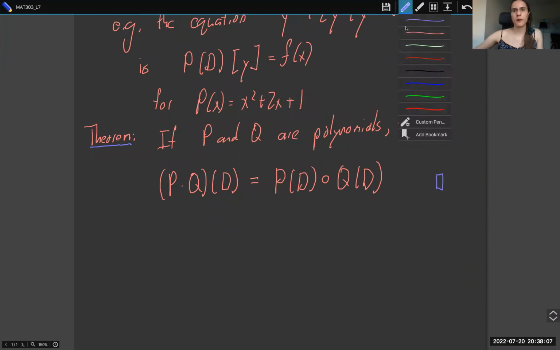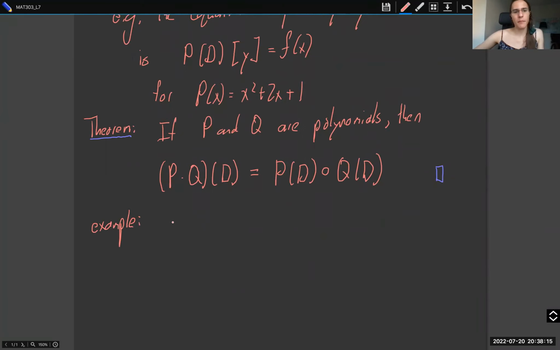But what does this mean, for example? Well, if we have x² + 2x + 1, then that's equal to (x + 1)(x + 1).